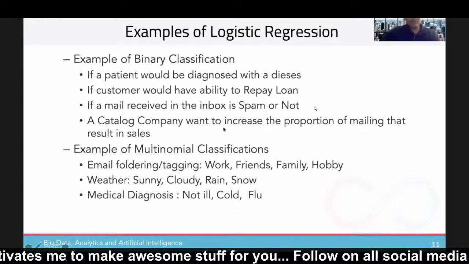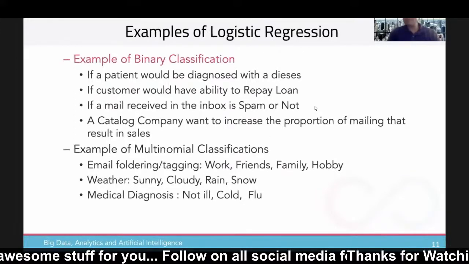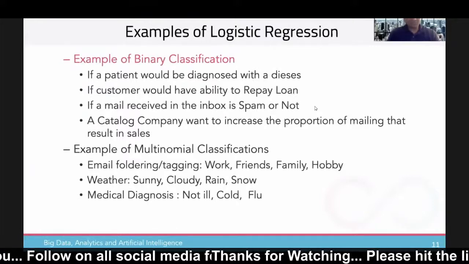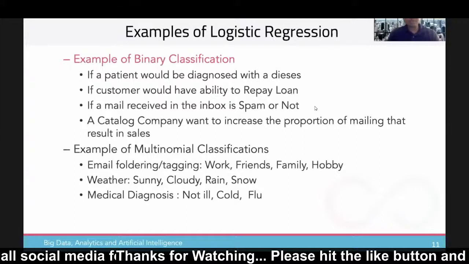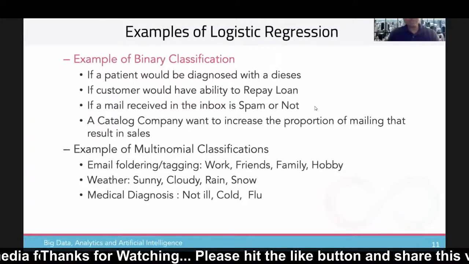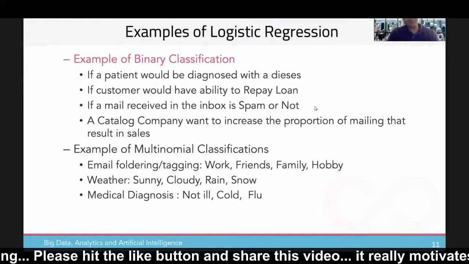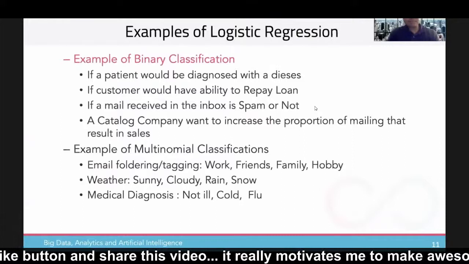Now, examples of binary classification. Let's go through some examples, as a lot of problems lie under binary classification. If a patient would be diagnosed with a disease, that is a binary classification problem, whether the patient is sick or not.